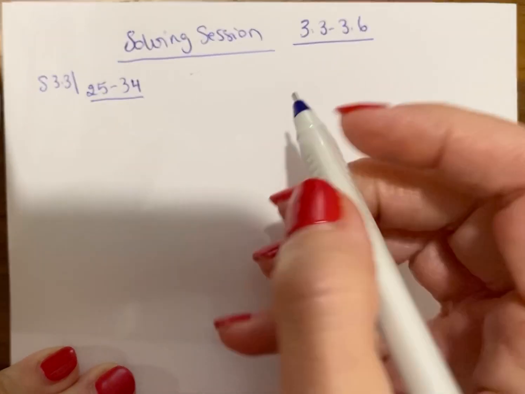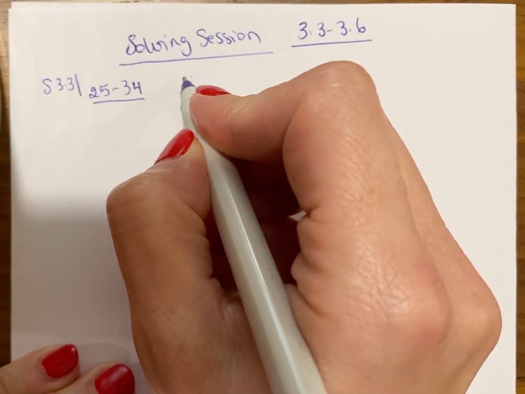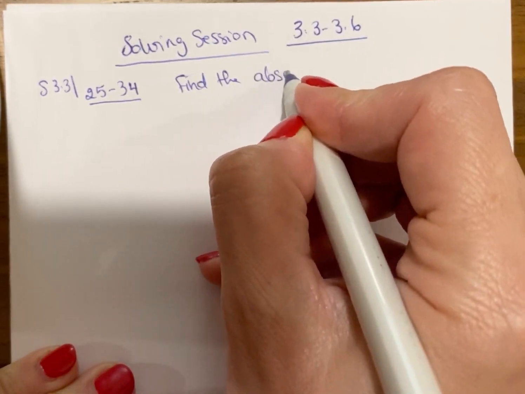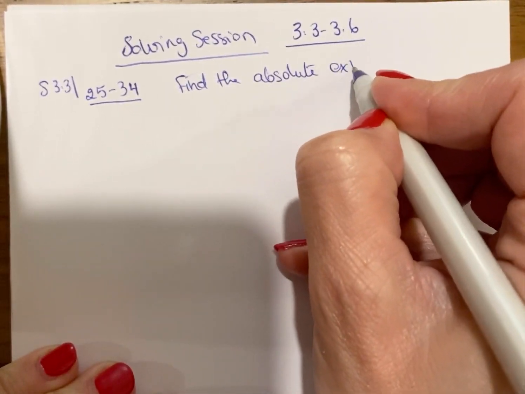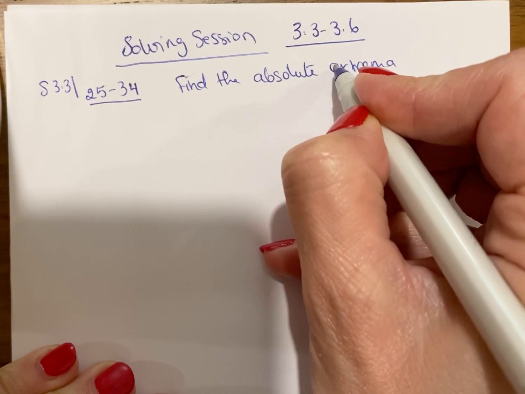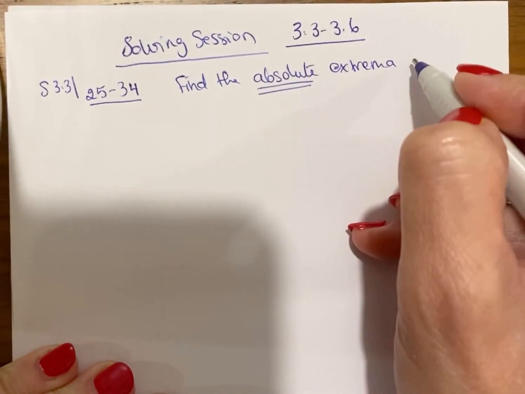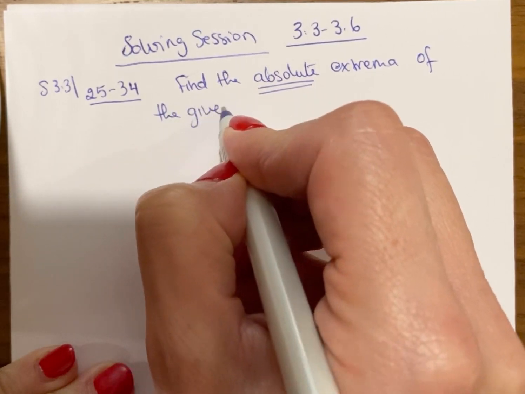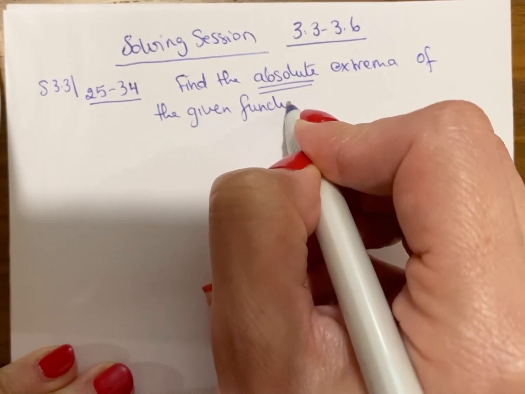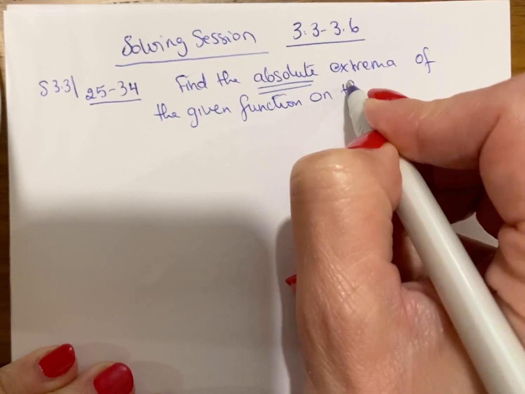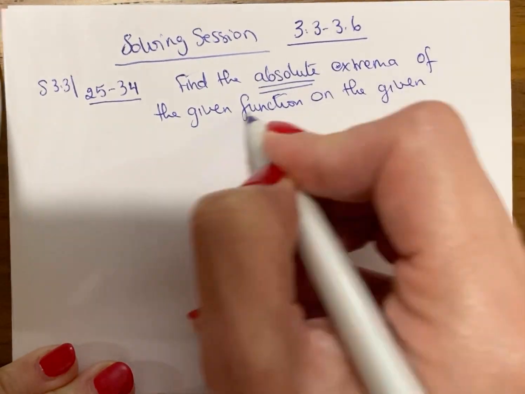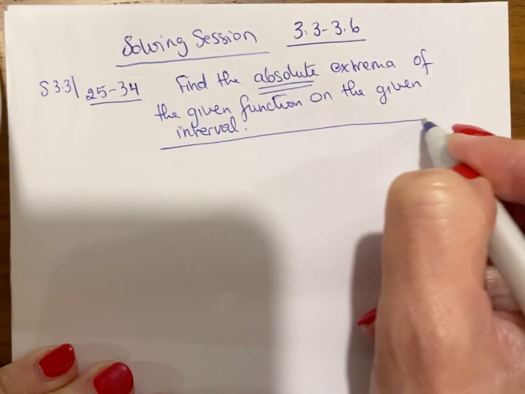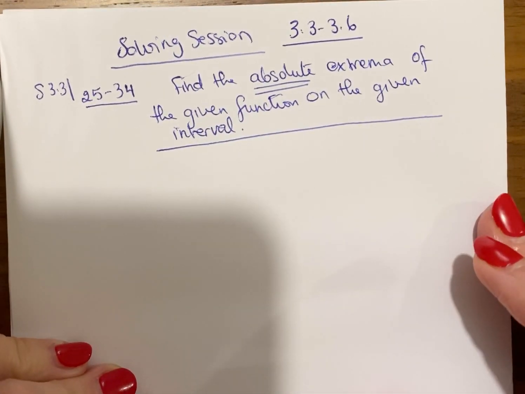But questions 25 to 34 cover the idea of: find the absolute extrema of the given function on the indicated interval. So find the absolute extrema of the given function on the given interval.